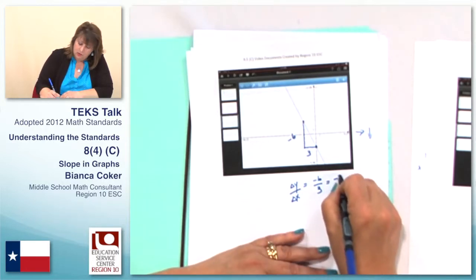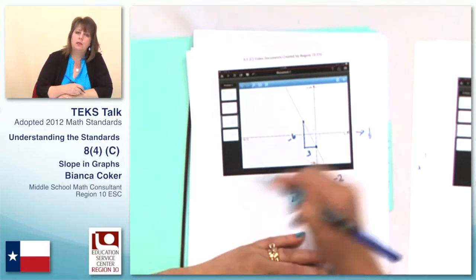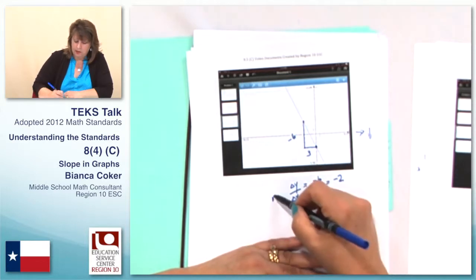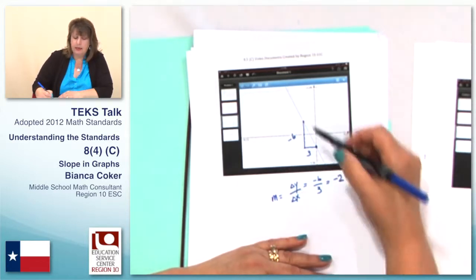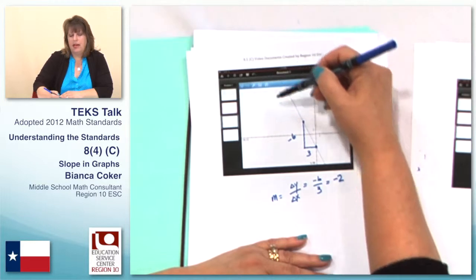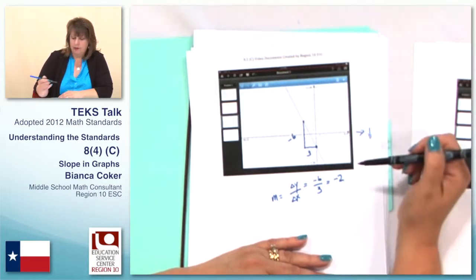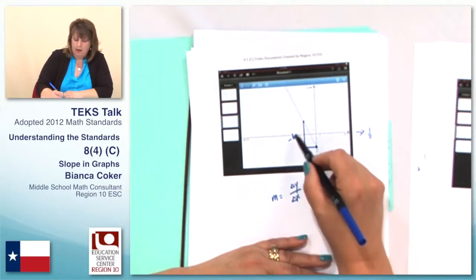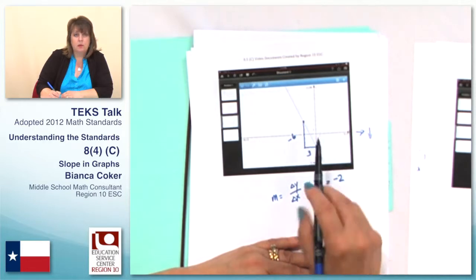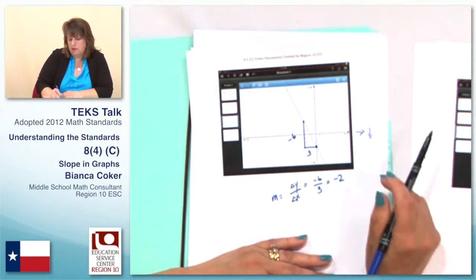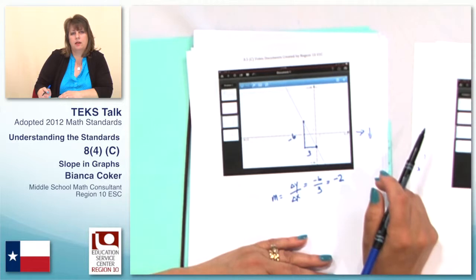When we simplify this ratio, we end up with -2. So the sign of our slope is -2, and we have this downward sloping graph, so that makes sense. Our rise was -6 because we went down. Our run, +3, because we went in the positive direction to the right.